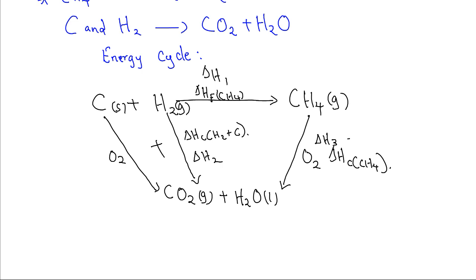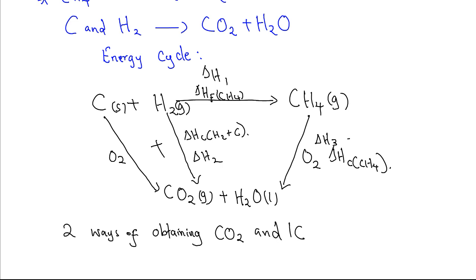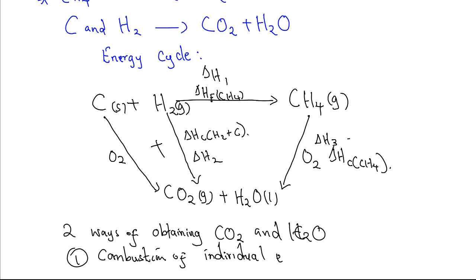From the diagram above, there are two ways of obtaining carbon dioxide and water. The first way is combustion of individual elements, that is carbon and hydrogen.